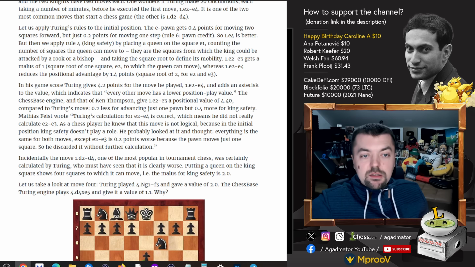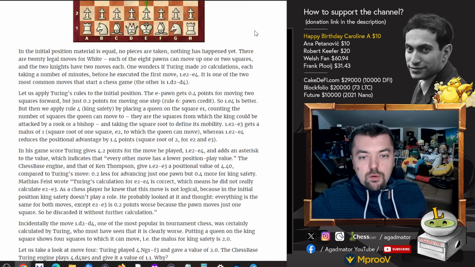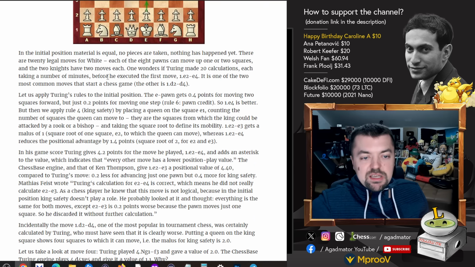There are 20 legal moves for white: each of the 8 pawns can move up 1 or 2 squares, and the 2 knights have 2 moves each. One wonders if Turing made 20 calculations, each taking a number of minutes, before he executed the first move, 1 e4. It is one of the 2 most common moves that start a chess game. The other one is, well, pawn to d4.